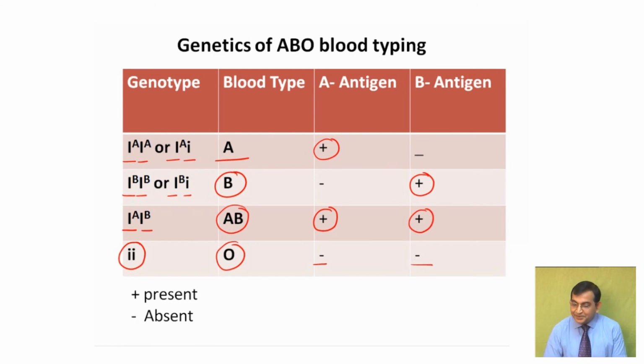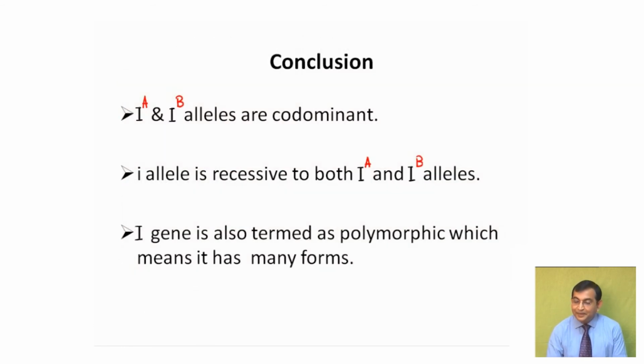Now, in this case, the IA and IB alleles are termed as co-dominant, that is, both of them are expressed simultaneously and neither of them is dominant or recessive. So, they are termed as co-dominant.